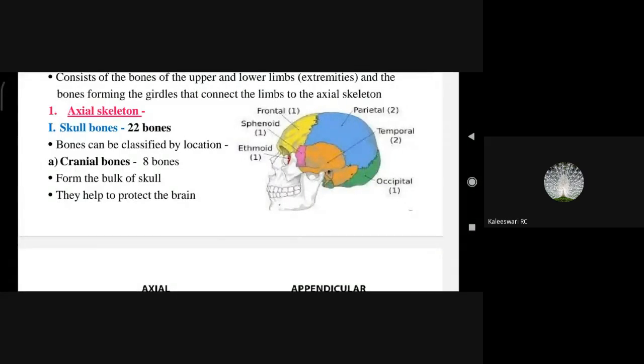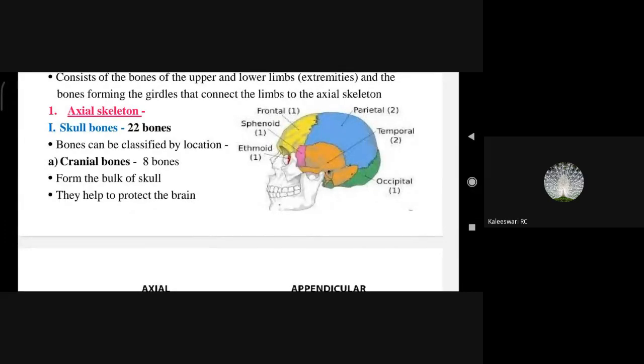That is why that bone is also known as temporal bone. And between this frontal, parietal and temporal, a small pink colored bone you can see. This is sphenoid.